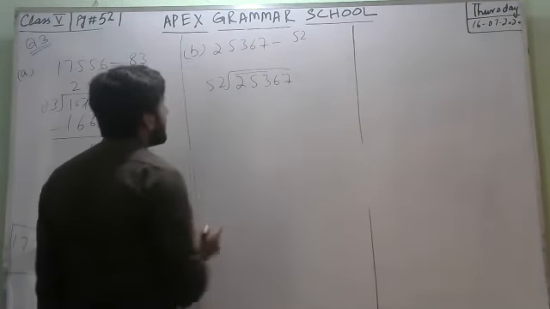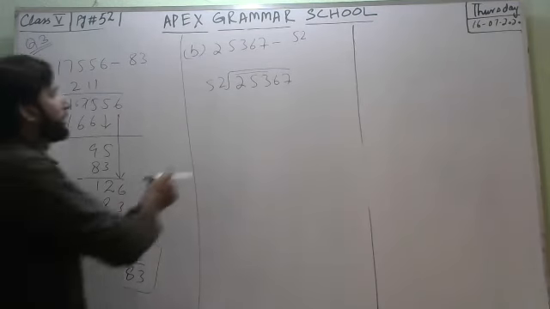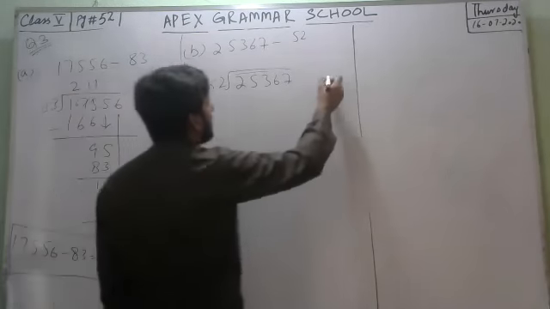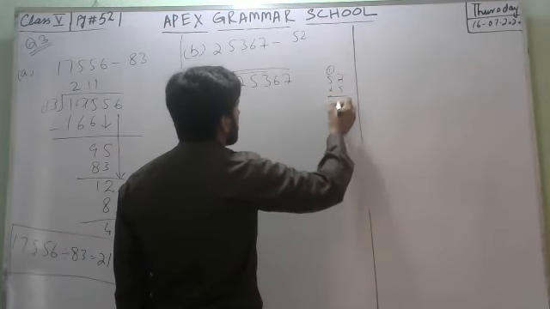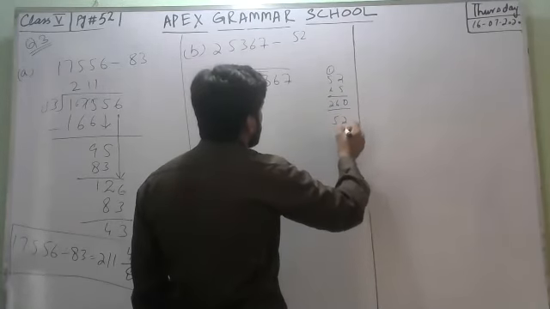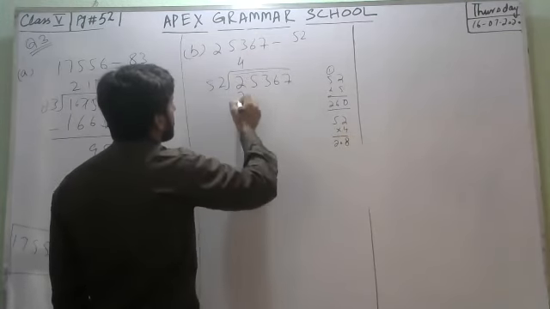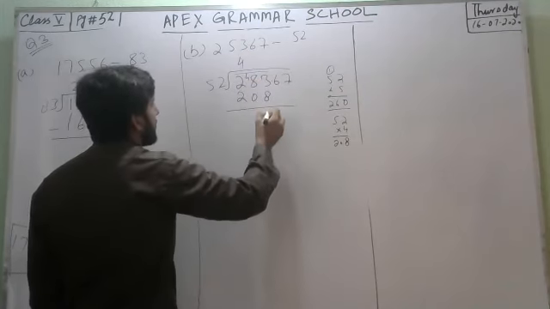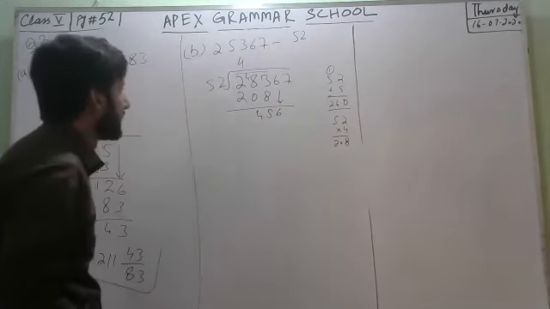This is 253. Now we have to choose the multiple which we have to multiply with 52 to make a possible division with 253. Let's take 5. 52 into 5 is 260, not possible. Now we have to go for 4. 52 into 4 is 208. 13 minus 8 is 5. 6 will come down. This is 456.